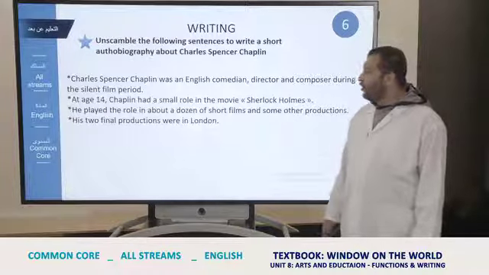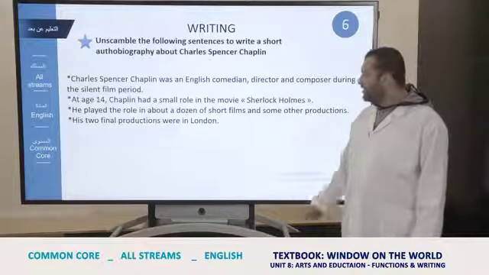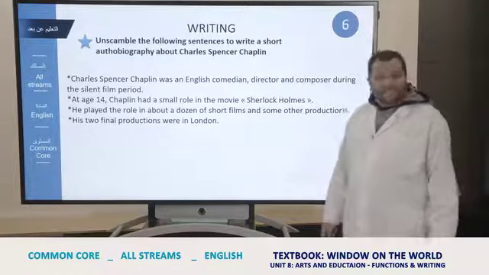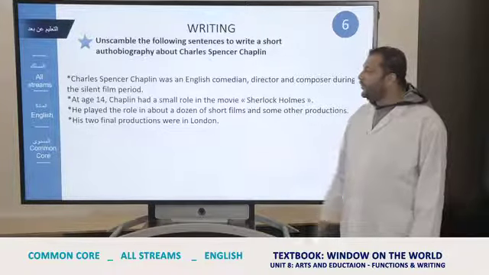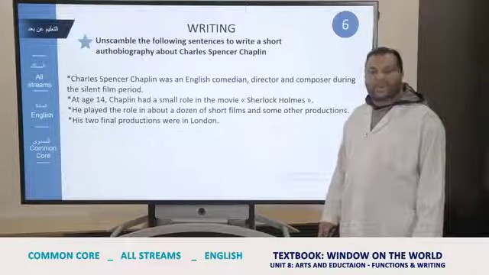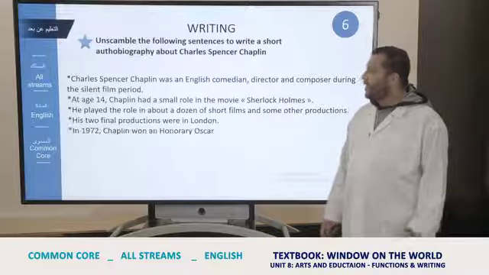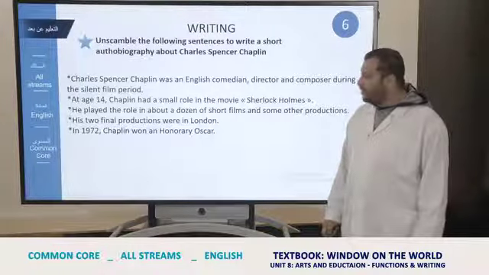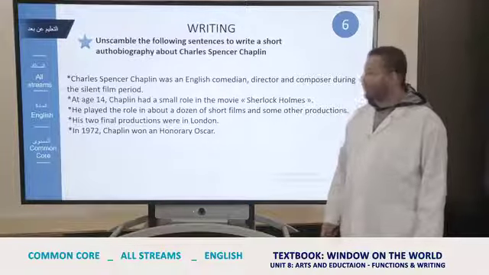He played the role in about a dozen of short films and some other productions. Next, his 2 final productions were in London. In 1972, Chaplin won an honorary Oscar.